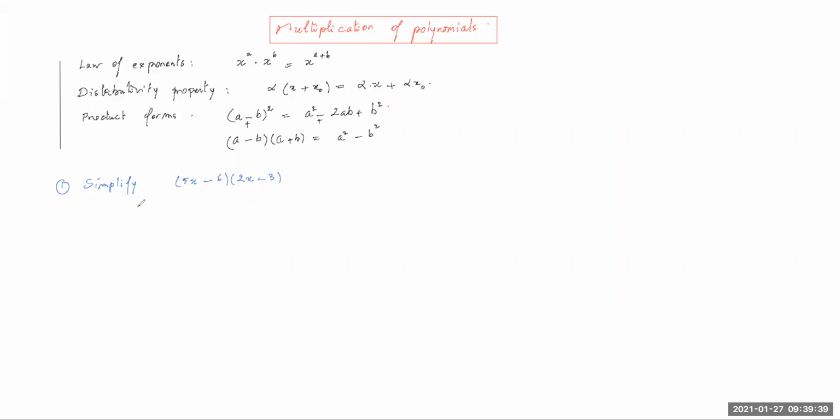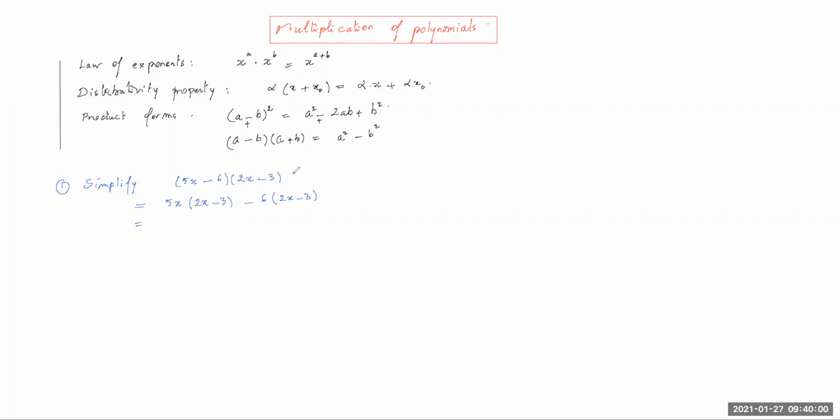So with distributivity, I have 5x multiplied by the whole, then minus 6 multiplied by 2x minus 3. We can proceed like that or proceed differently. This is the first distribution.